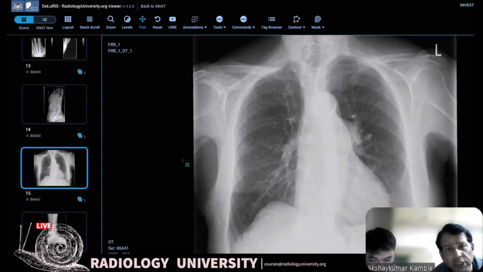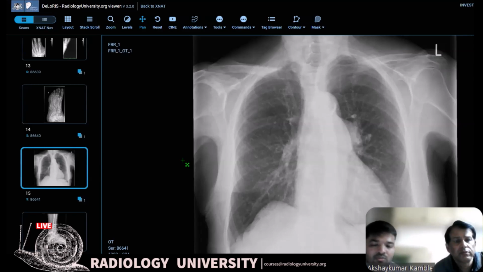So this one is more convex and bulging out. So it is very difficult to say it is normal. On the other side, you can see it's more of a concave, normal hilum there. Yeah, so this one is convex. So make sure it's convex, not concave. Sometimes the vessels are prominent, but still a concavity is there.